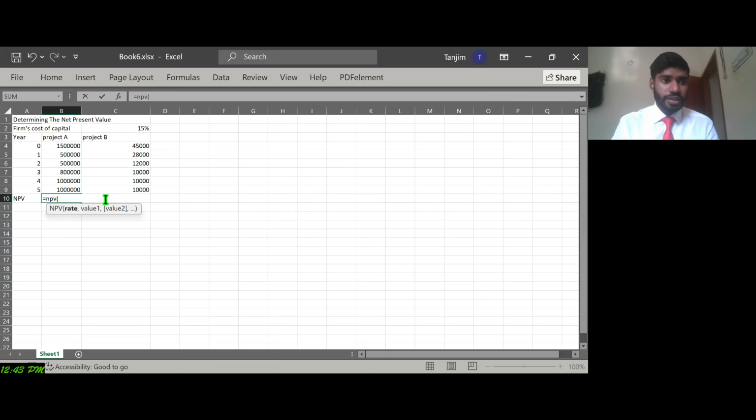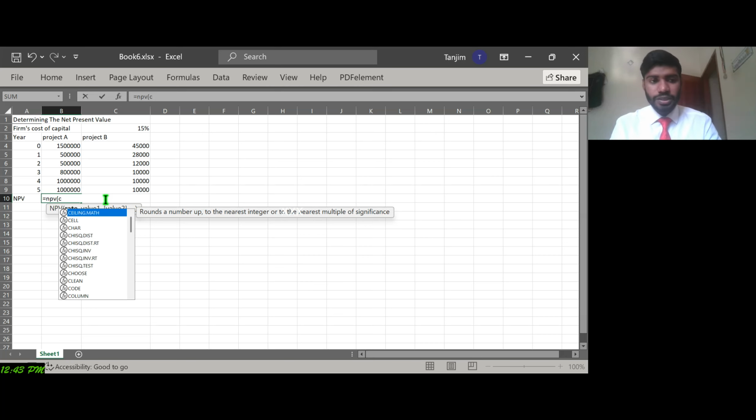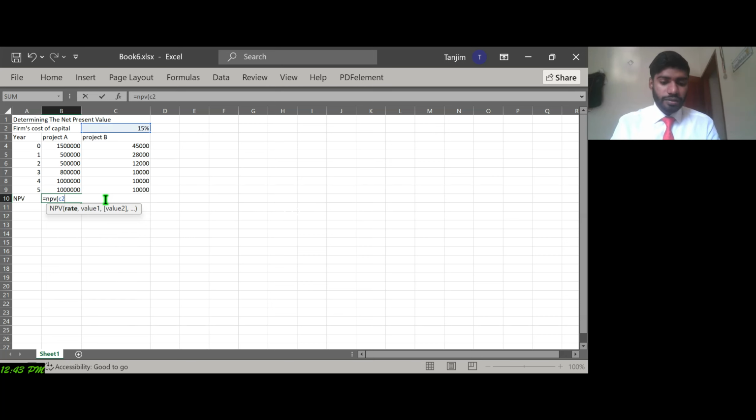Here the rate is C2, so we press C2 and then comma and then the values. We press B5 to B9, right?